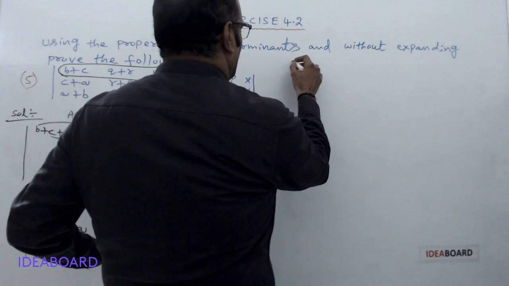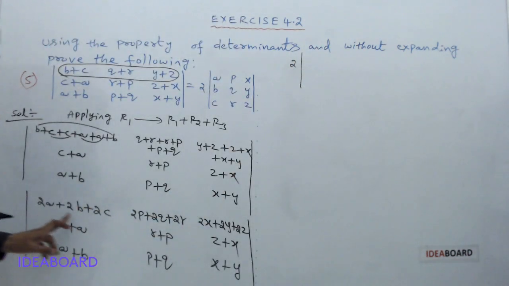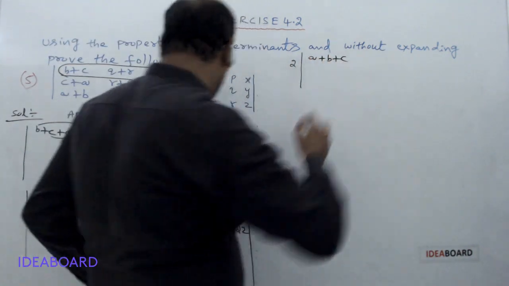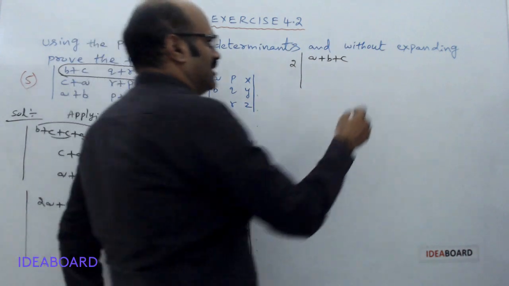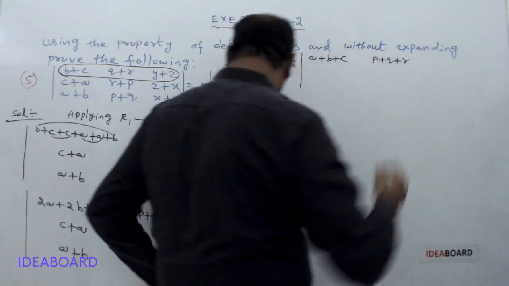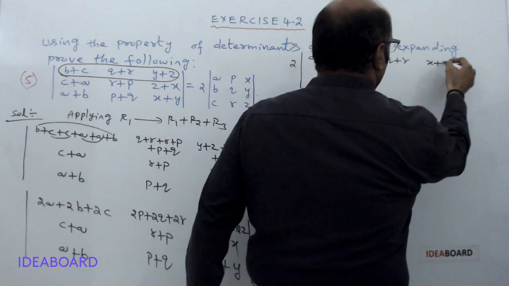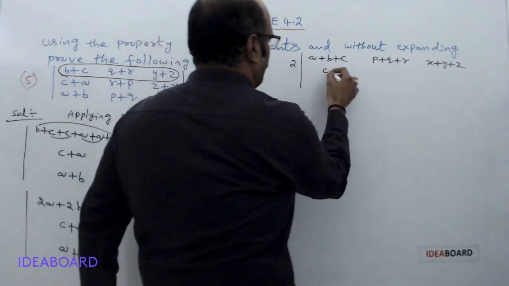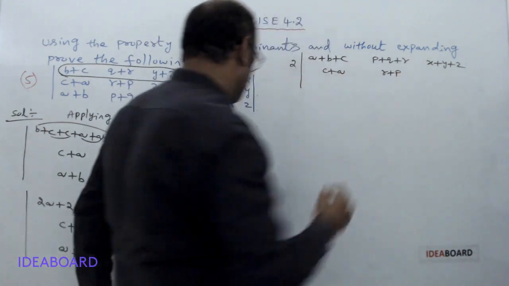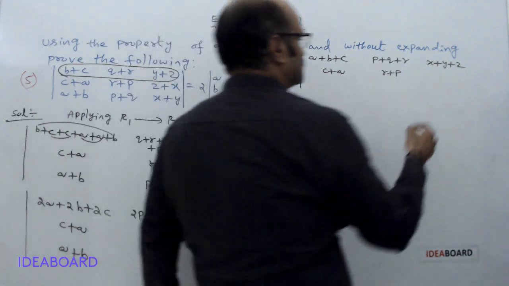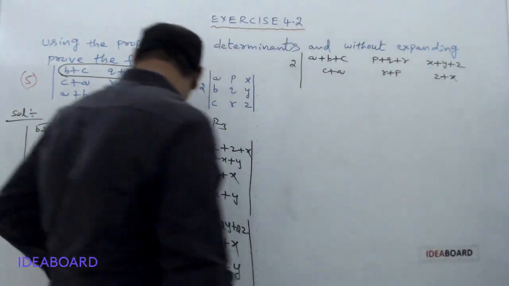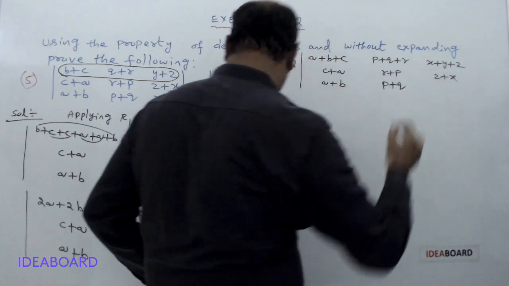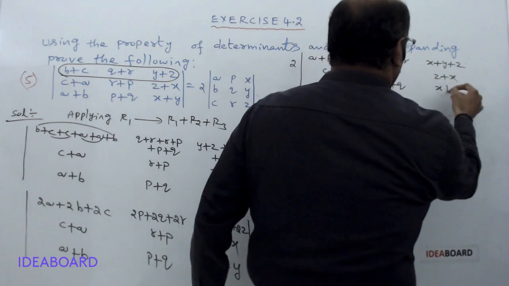So if you take 2 common, we have 2 times determinant of a plus b plus c, a plus b plus c, next we have p plus q plus r, x plus y plus z, c plus a, r plus p, z plus x, a plus b, p plus q, x plus y.